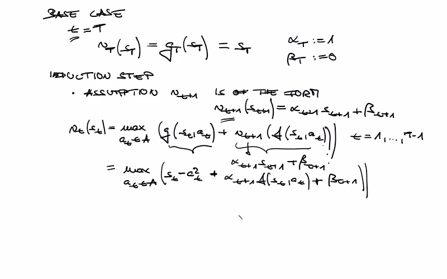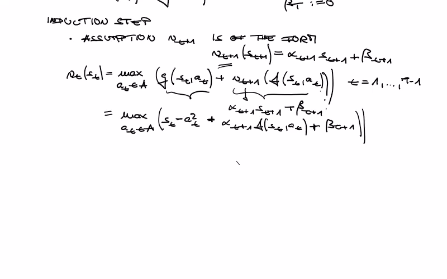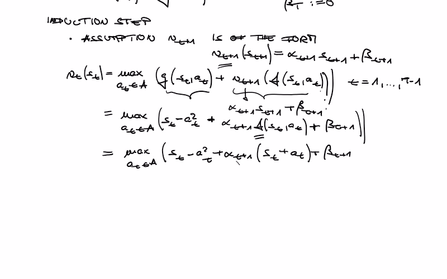Now finally we can also substitute the state transition function, so we get max over a of s_t minus a_t squared plus alpha t plus 1, and the transition function was s_t plus a_t, plus beta t plus 1.